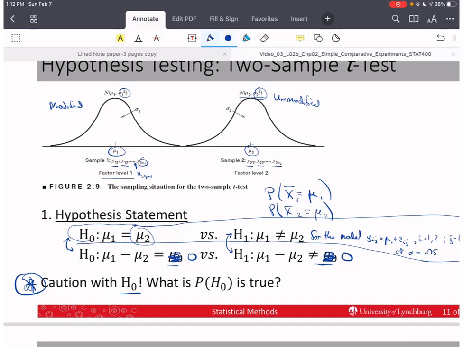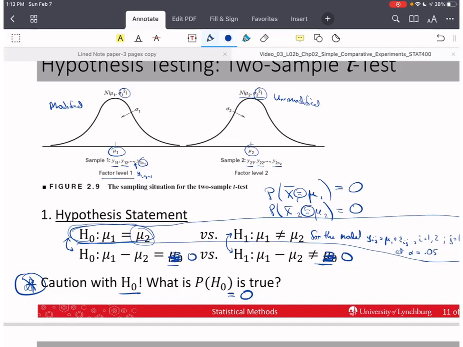So if we have an equal sign, then this probability is going to be 0. This probability is going to be 0. If we add them, we get 0. So when we have an equal sign in the null hypothesis, written this way, the probability that the null hypothesis is true is actually 0. So if it's 0, then there's no way that we're going to say that we believe the null hypothesis.